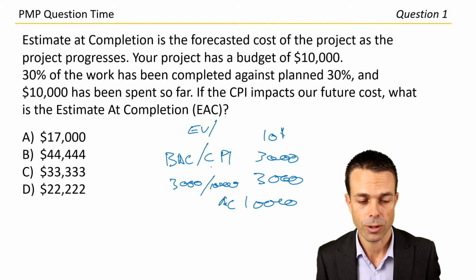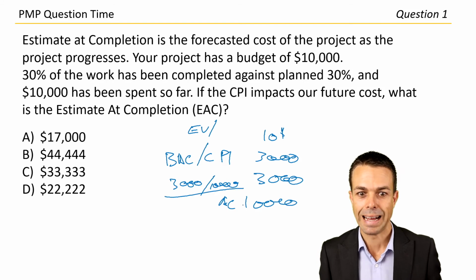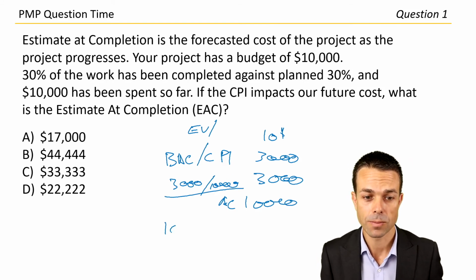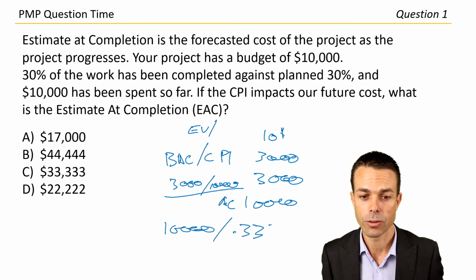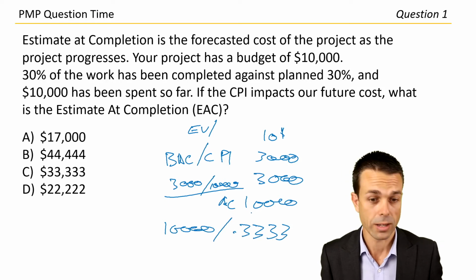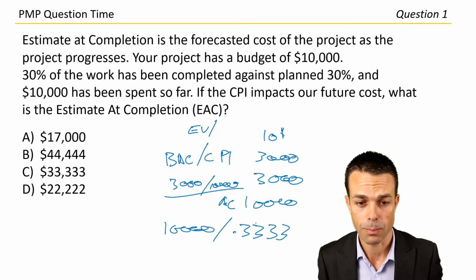What is it? 0.3333, I think. So it's going to be a percentage. And so budget at completion divided by that. So $10,000 divided by 0.3333 sort of thing. So for that, we're basically multiplying it by 3.